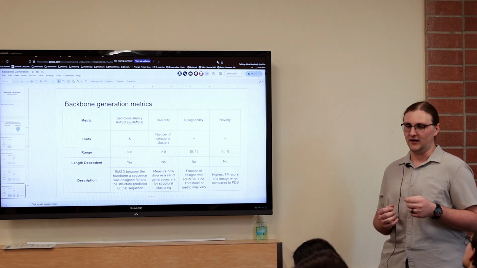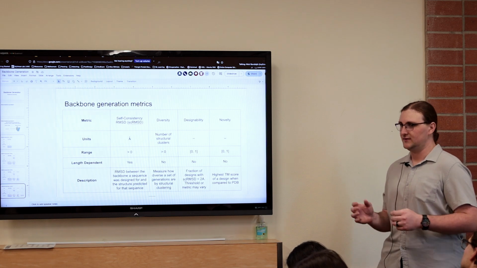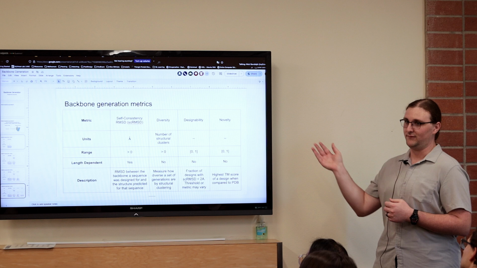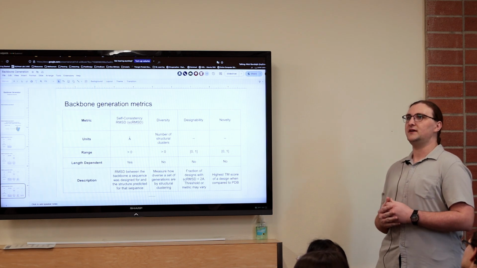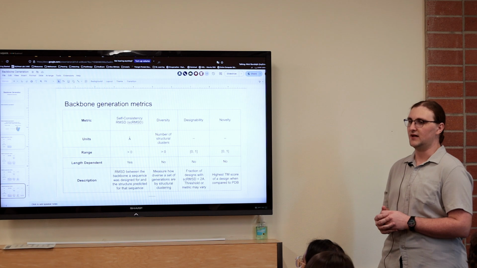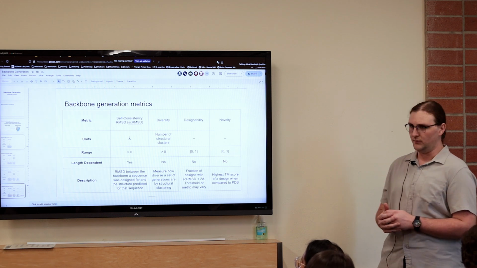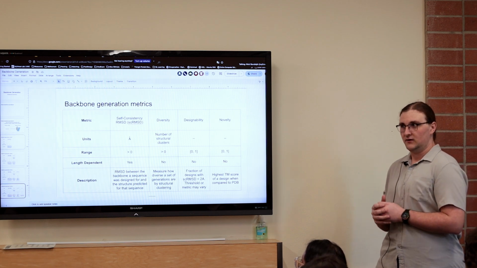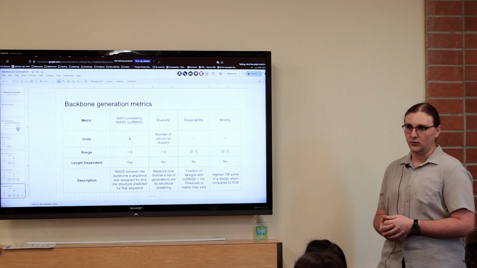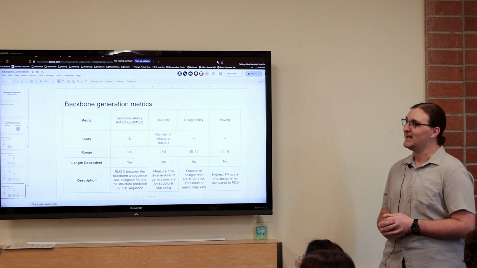I agree, it's problematic, and a lot of the papers are also inconsistent about how they define diversity or even designability or novelty. I don't think the field has settled on the best metric for these, but these are just some of the common ways people are using to evaluate the generations that these models are creating. They are imperfect, I totally agree, and they can be subjective.